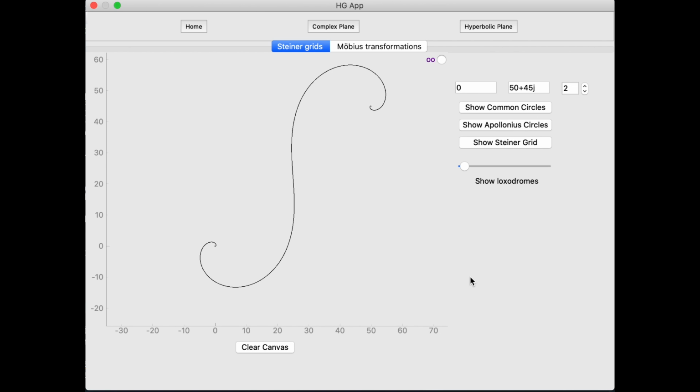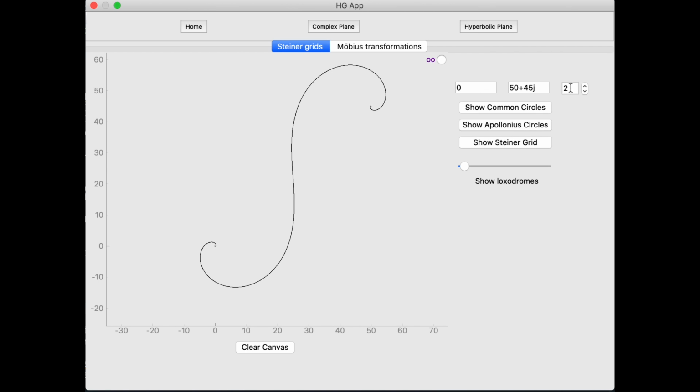So since the Möbius transformation that maps 0 to this point and infinity to this point is conformal, here we should also have the same property, but now for the image under that Möbius transformation of the circles centered at 0, right?